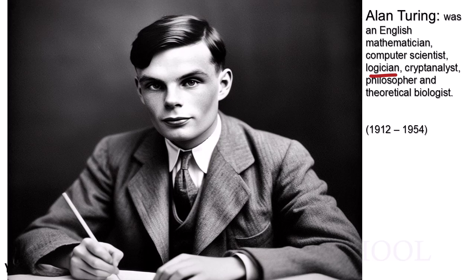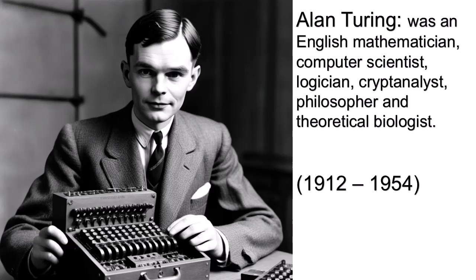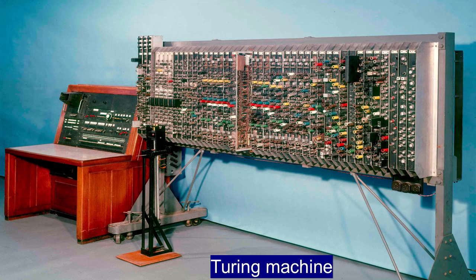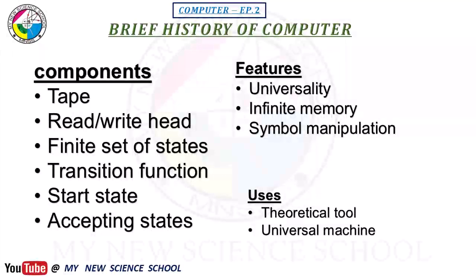So, he invented a machine called the Turing machine. This is the Turing machine. So, these are the components of the Turing machine. Then the features, then the uses of the Turing machine: it was a theoretical tool, also a universal machine. This is another picture of it.